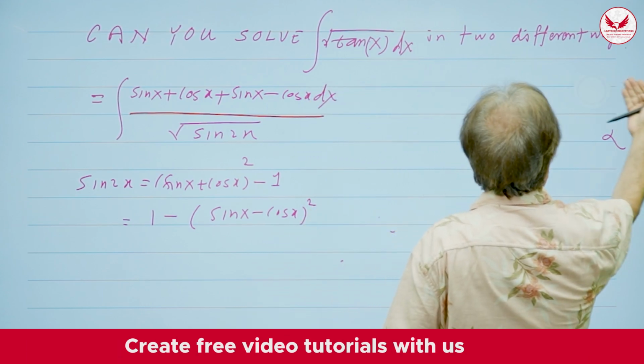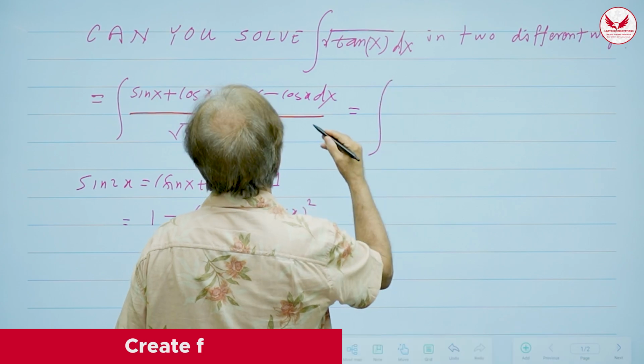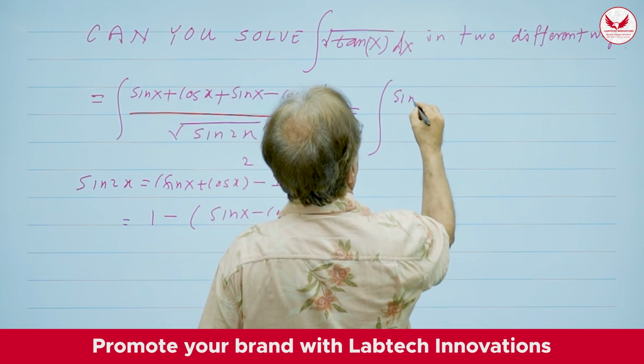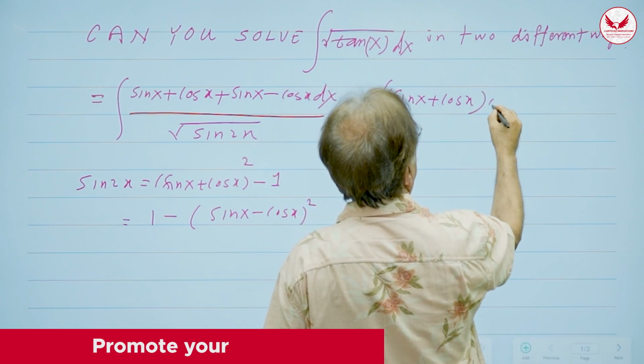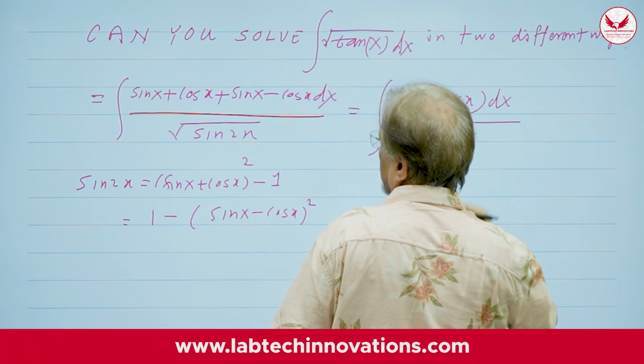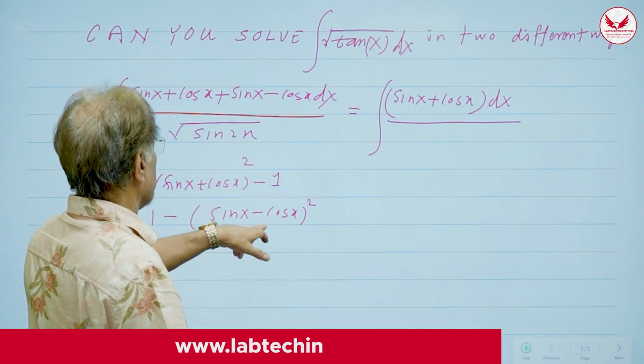So now I will again convert this problem into two problems. One is (sin x plus cos x) dx, and the denominator root of sin 2x I am going to write by this method.